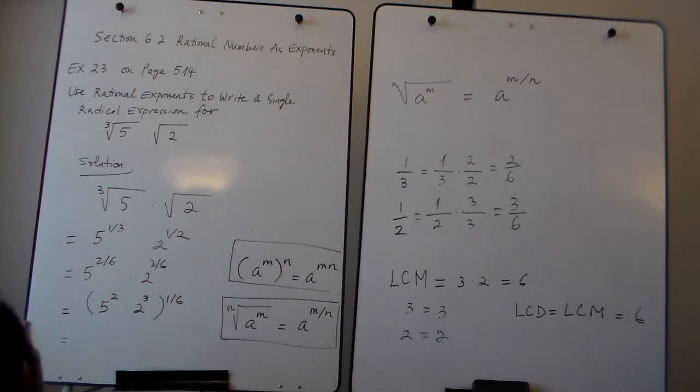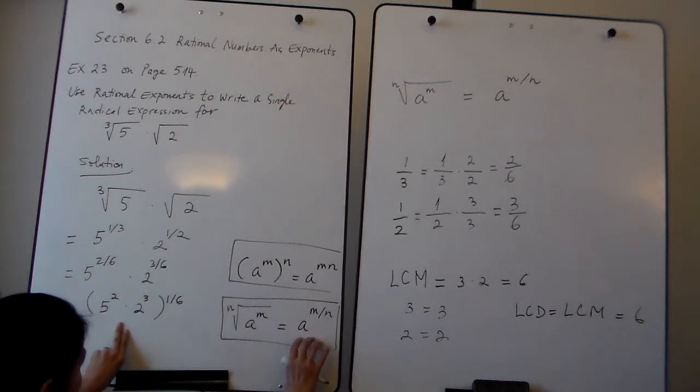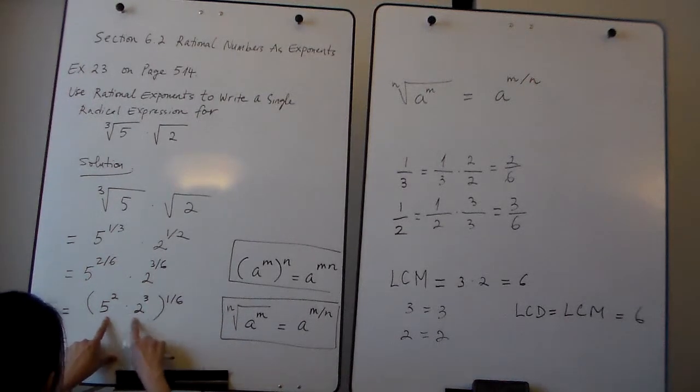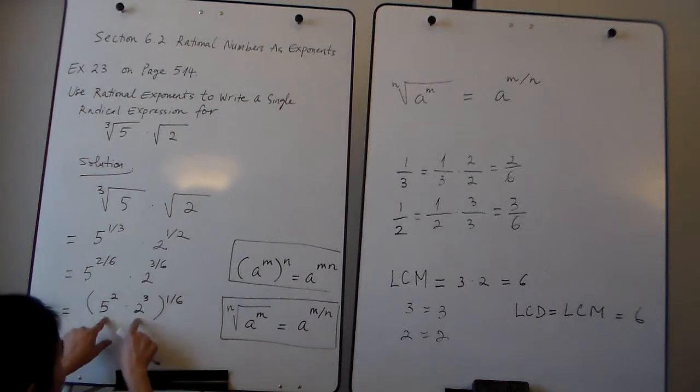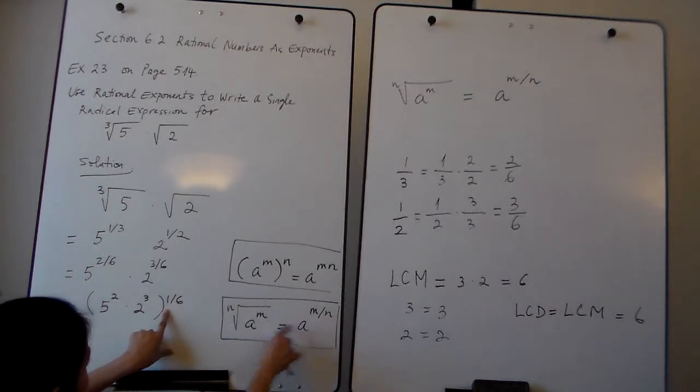I'm going to apply this to the exponent expression. So we have this one right here. Treat the A as if it's 5 squared times 2 to the third. So the whole thing, base 5 and base 2 with its exponents, is A. And this is m, which is 1. N is 6.